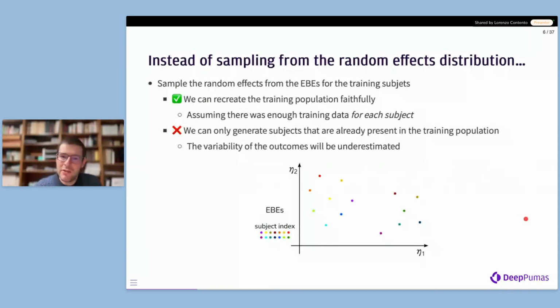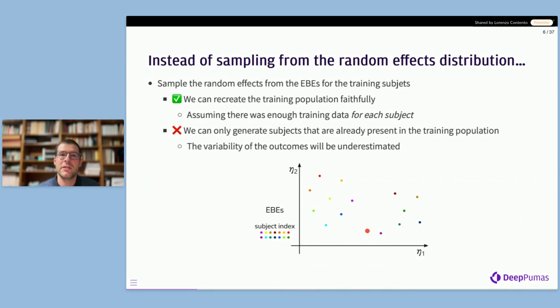The advantage of this is that we are picking EBEs, which are values that are able to recreate the training subjects pretty faithfully, assuming that we had enough data for each subject, obviously. Since we can recreate the training subjects, then the training population can be recreated faithfully, and the VPC, for example, should be more in line with the training population.